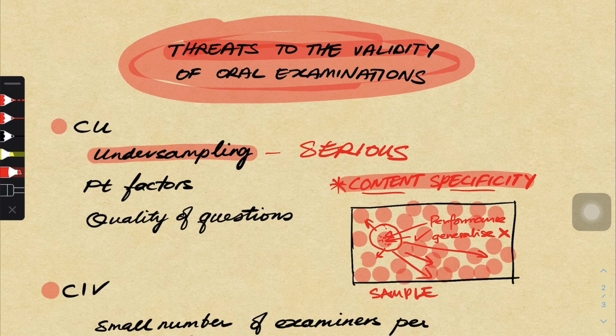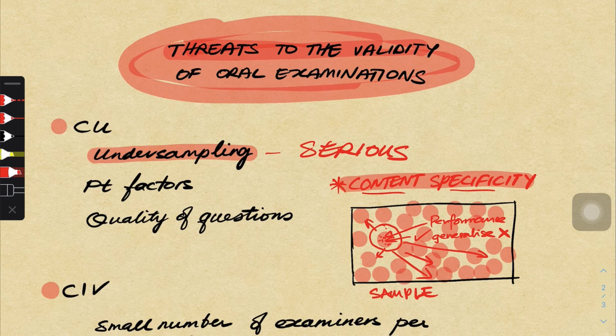Studies have found that if you just use long cases, you need about 18 cases in one study to arrive at a reliability of about 0.8 or 0.9. So it can be done, but you need to sample a lot, and that is the weakness, the Achilles heel of oral examinations.